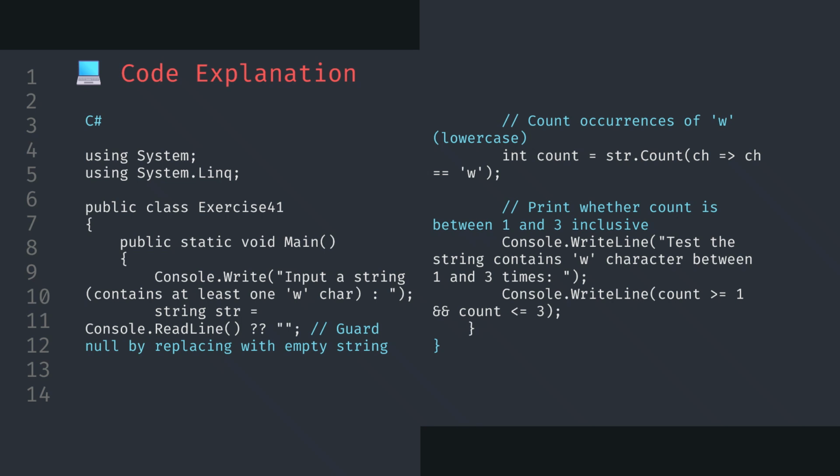Finally, we evaluate whether the count is greater than or equal to 1 and less than or equal to 3, and then print that boolean. This keeps the code short and readable. If you need case-insensitive behavior, call string = string.ToLowerInvariant() before counting.